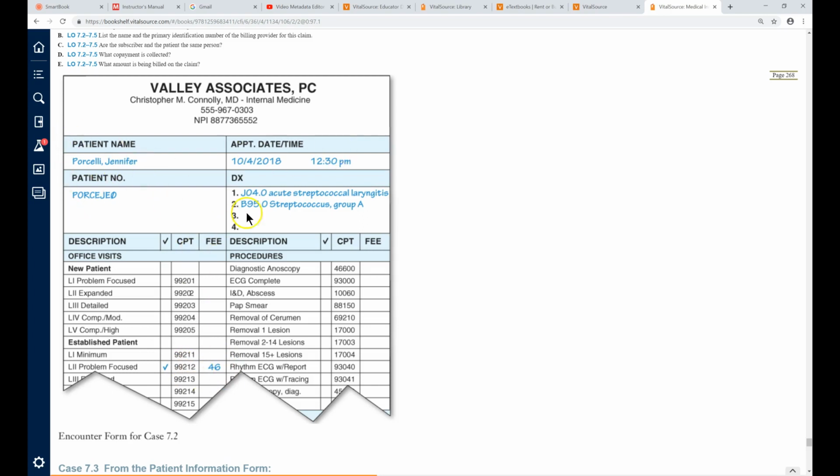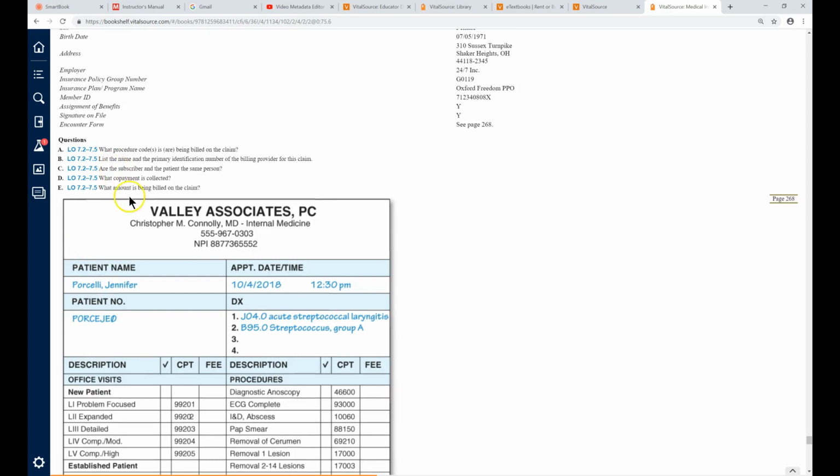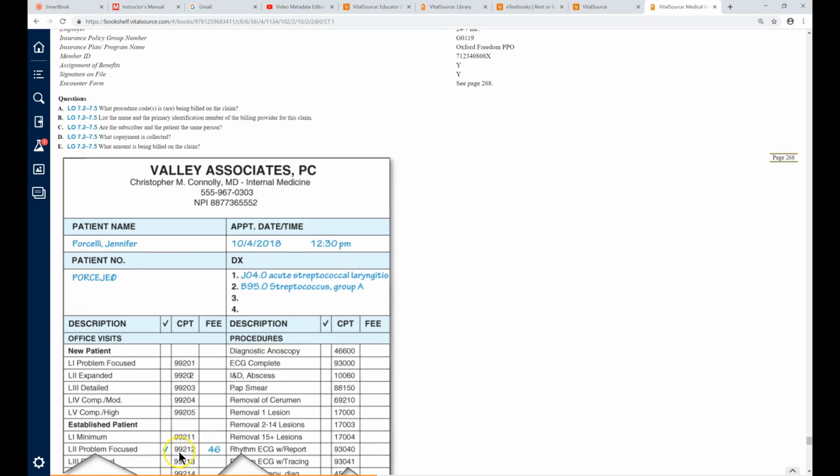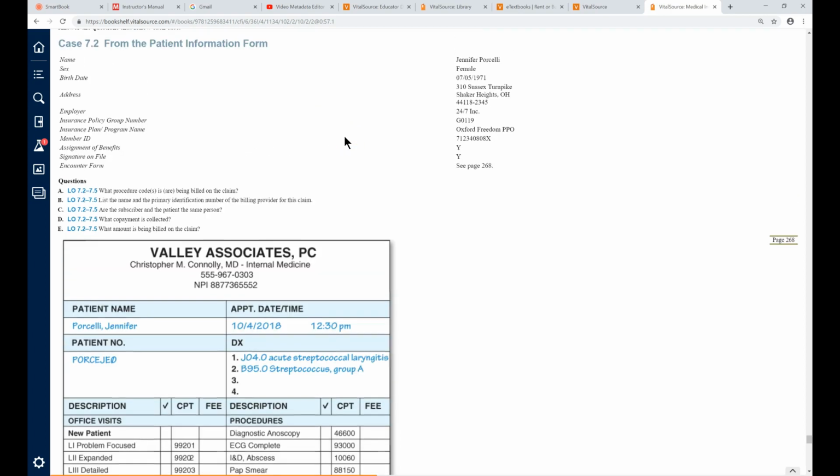So you can see that all of this information can be obtained from the claim form. So as you go back, you answer the questions. What procedure code is being billed for this claim? It is procedure code 99212. These are the CPT procedure codes. List the name of the primary identification number of the billing provider for this claim.